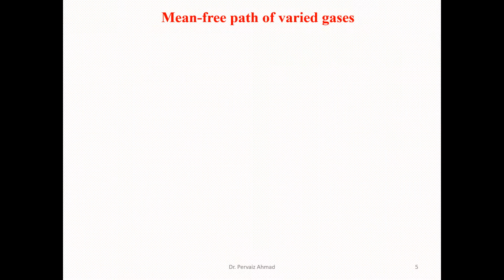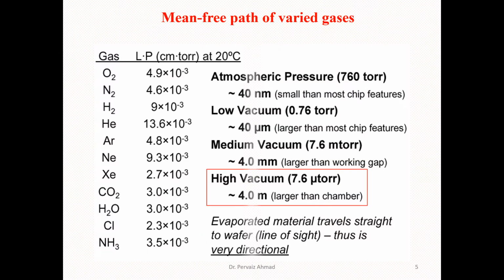You know that many gases are utilized as reactants in the deposition techniques. For the deposition of films or thin films, we can have varied gases. So the mean free paths of various gases are shown here: oxygen, nitrogen, hydrogen, helium, argon, neon, xenon, carbon dioxide, water vapor, chlorine, and ammonia.